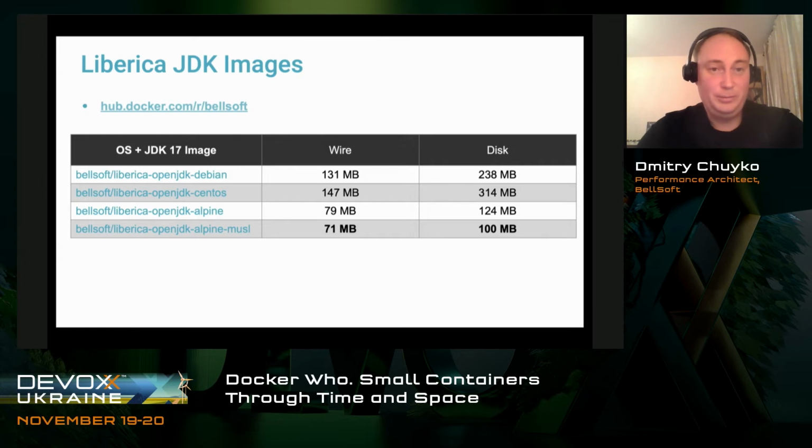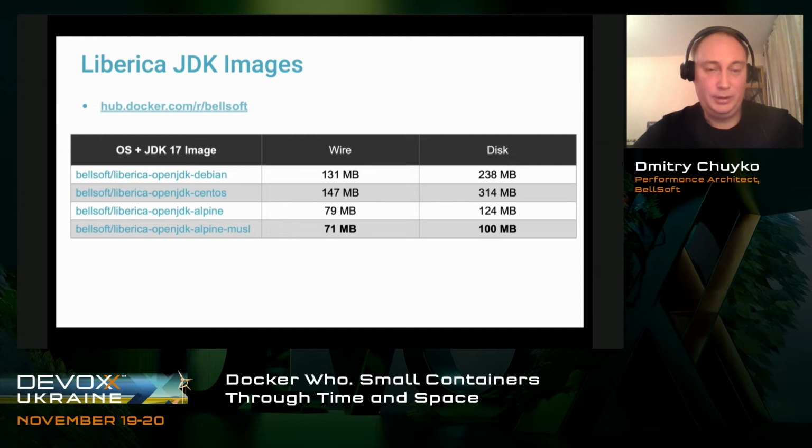Here, both parts are optimized, the OS layer and the JDK. The JDK is so-called JDK Lite, which is still fully compatible with the Java specification. It contains everything it must contain, but it's slightly optimized to be smaller, still having the same performance.